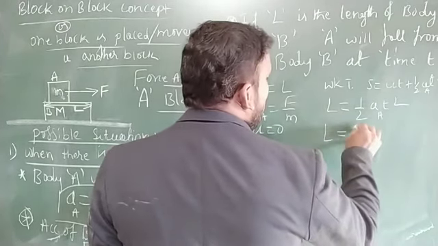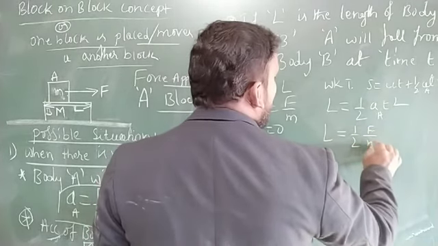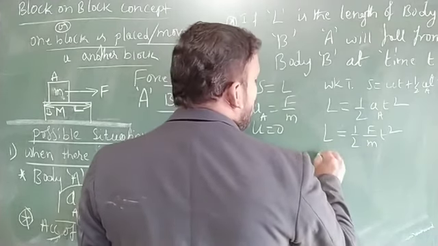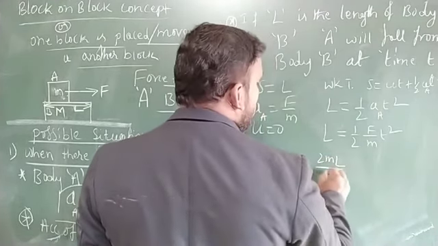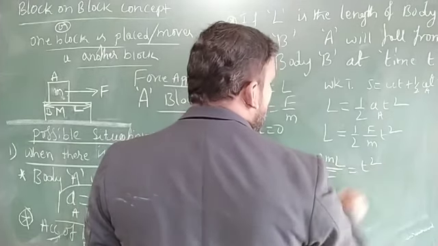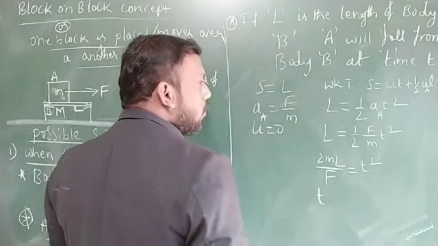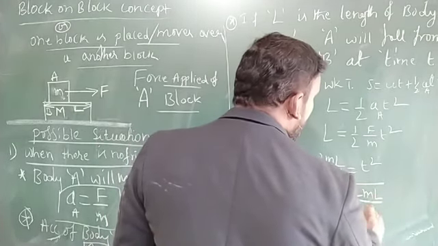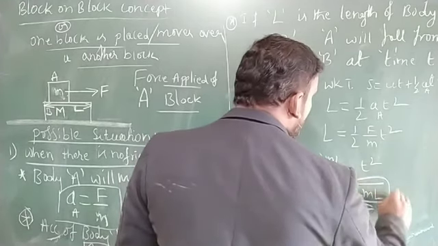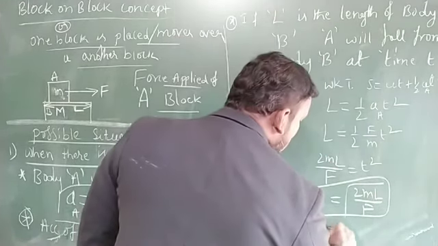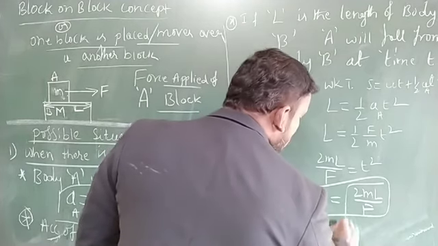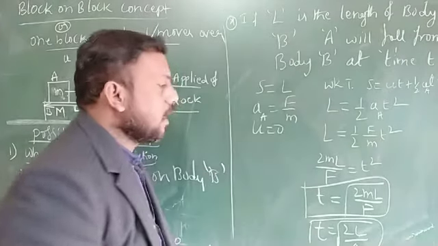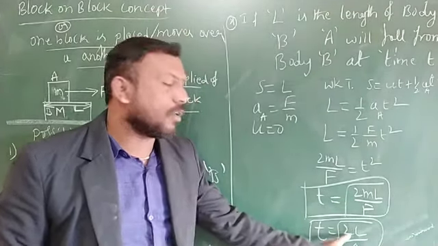Substitute the acceleration of body A, that is F divided by m, into t square. Therefore 2m comes to this side, 2mL, and F comes to the denominator, equal to t square. Therefore, the time taken for body A to fall from B is t is equal to square root of 2mL divided by F. Instead of m divided by F, we can write 1 over a, so t is equal to square root of 2L divided by a.